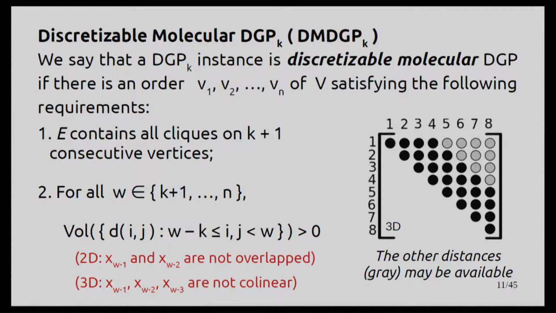In 2D, this means that two consecutive points do not overlap. In 3D, it means that they are not collinear. And we can keep going. In terms of the Euclidean distance matrix, we are dealing with this kind of distance matrix. The main diagonal is always 0, and then the second and third diagonals, this is 3D, right? In 2D, I would have just the three main diagonals. We might have more information over here, right?